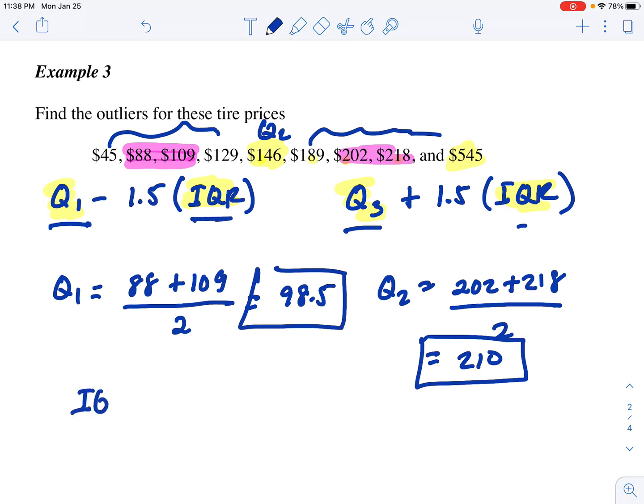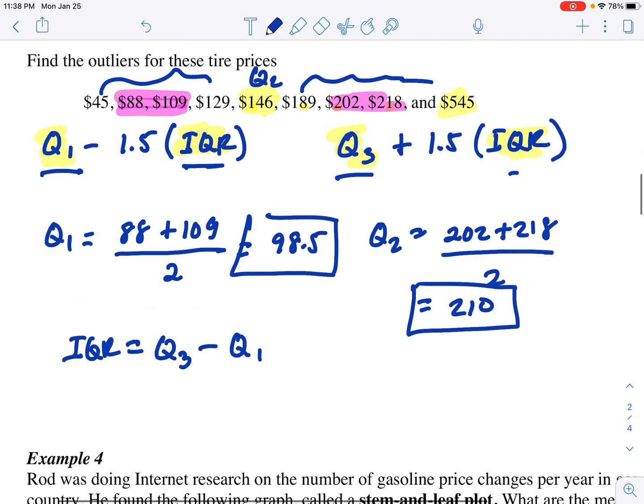So our IQR is Q3 minus Q1, okay, which is equal to 210 minus 98.5, which equals $111.50. Okay?